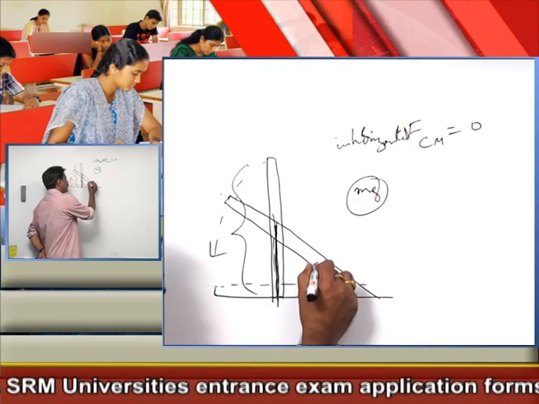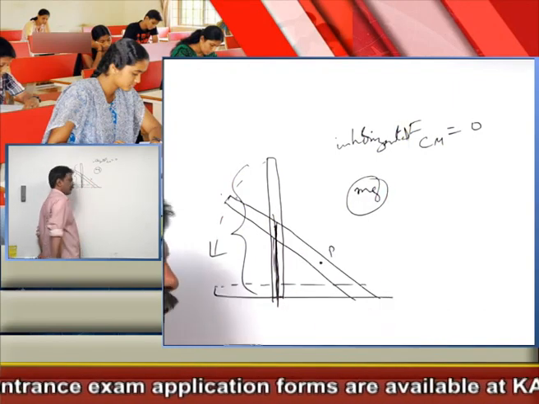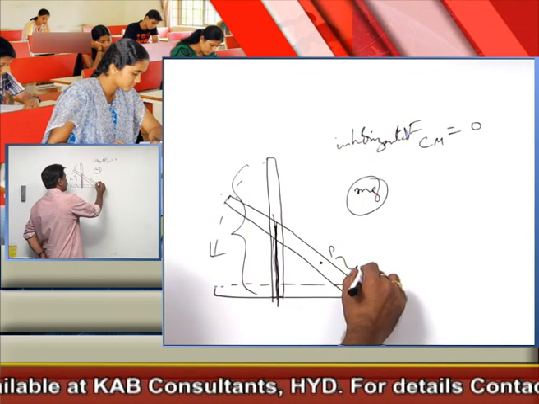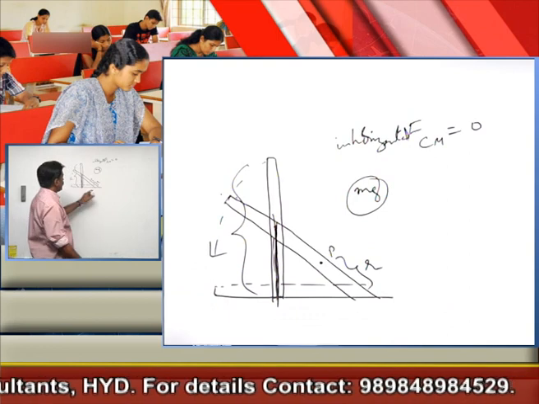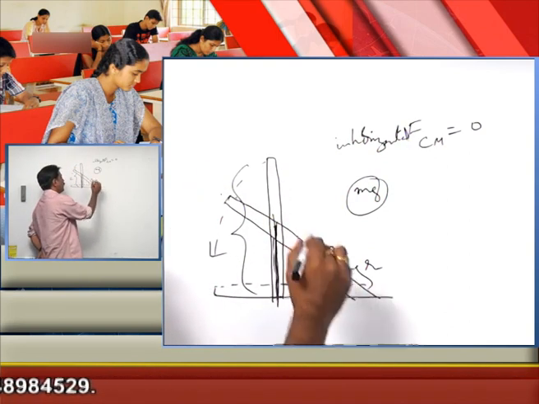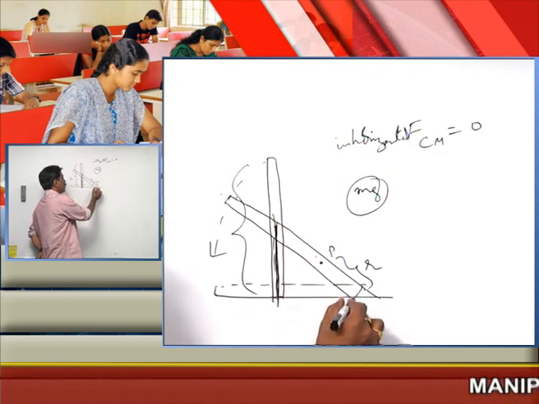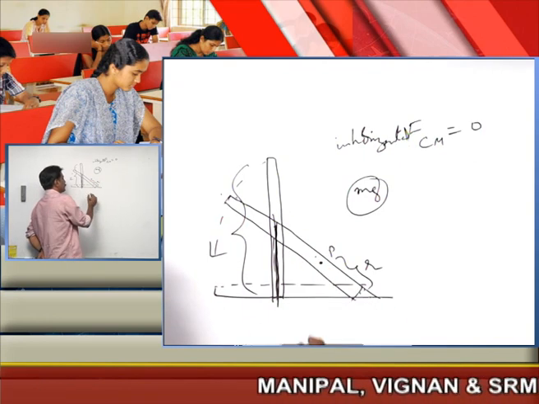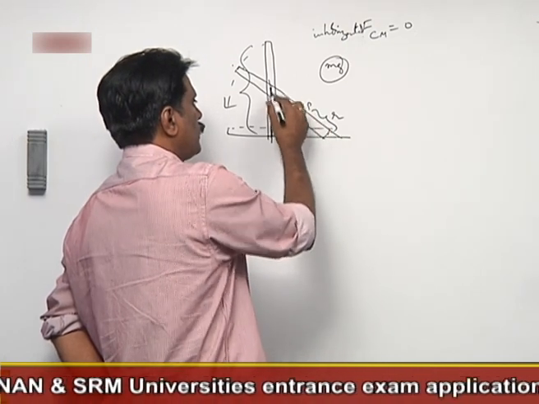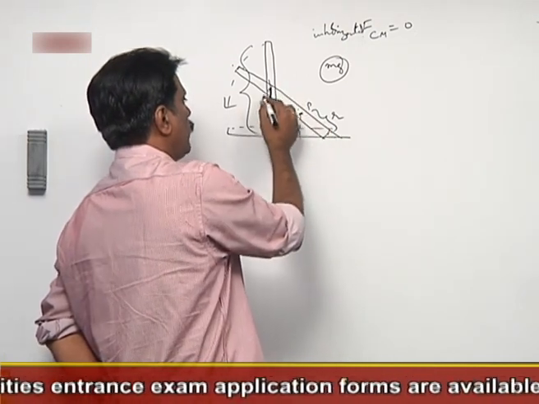Now suppose a point P is taken which is at a distance r from the lower end. When it is slipping like this, you take a point P which is at a distance r from the lower end. This is the center of mass. This will be L by 2.